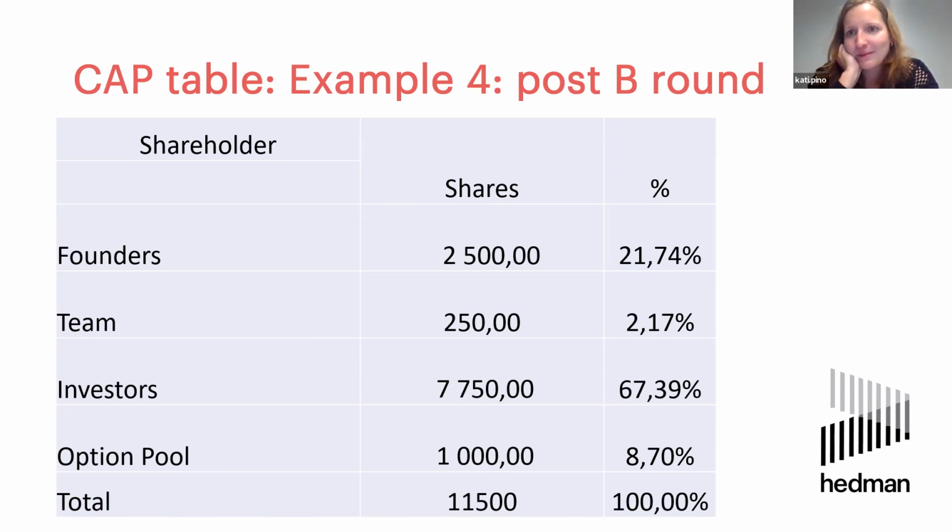A hand up, please. How does it change? Why do founders lose their shares and investors get more? Do they agree on it, or does it go automatically? Yes, it is agreed. In this case, the investors put in tens of millions to get this shareholding.